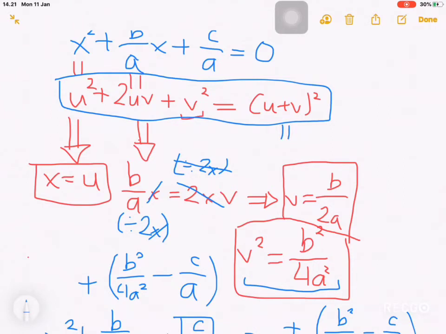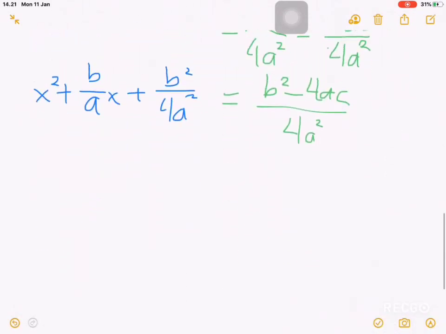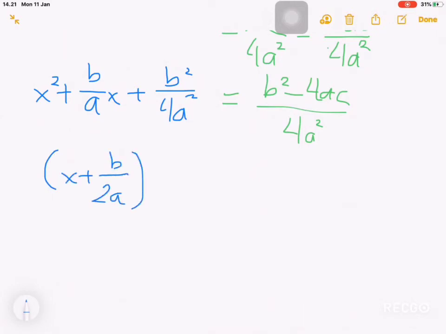So I can rewrite this as x plus b over 2a squared. So I'll just rewrite the whole thing right here.